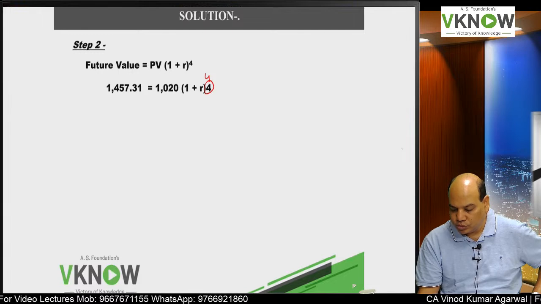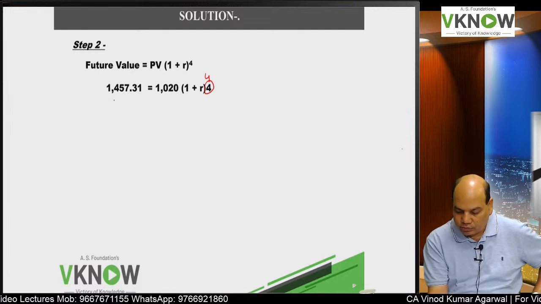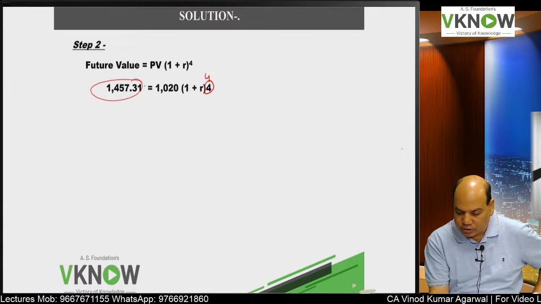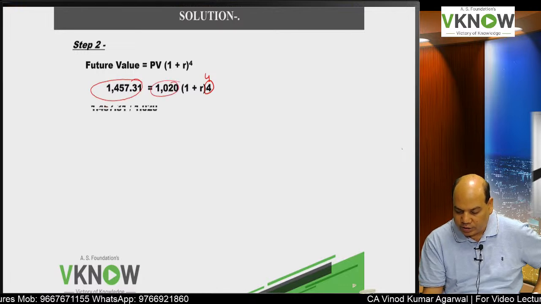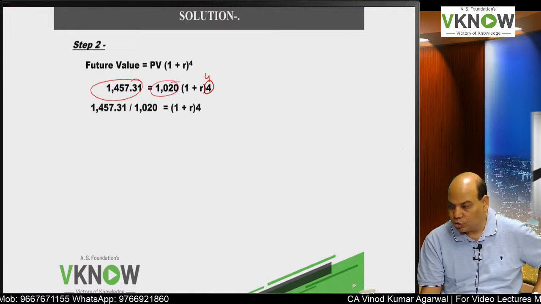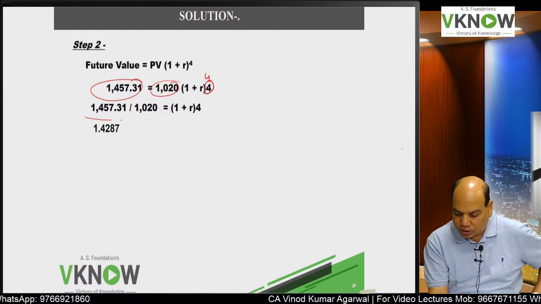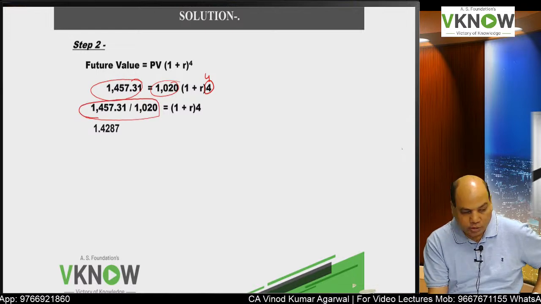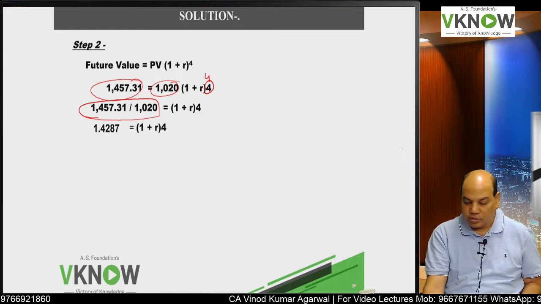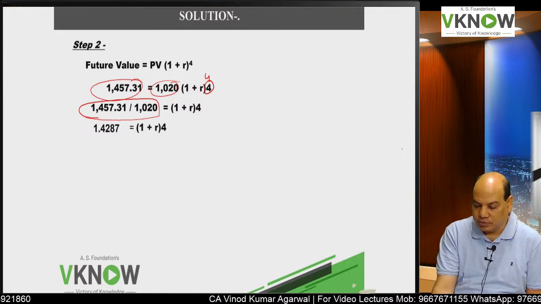And then we have to solve this equation. 1457.31 divided by 1020 is equal to (1 plus R) to the power 4. Then this calculation will be simplified. 1.4287 is equal to (1 plus r) to the power 4.